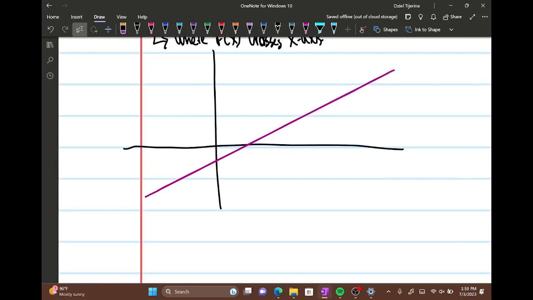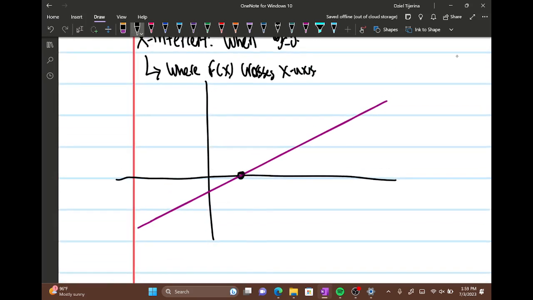In this case it's a linear function, but it doesn't have to be that. It can be any type of curve, or it can be a line, but the point is, where does it cross the x-axis? It's right here. We always call this x comma 0, right?